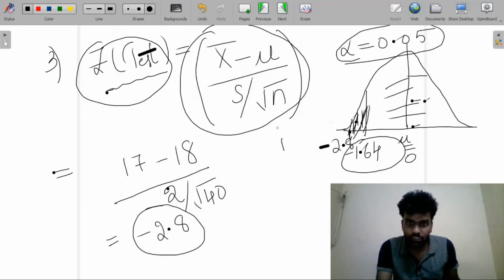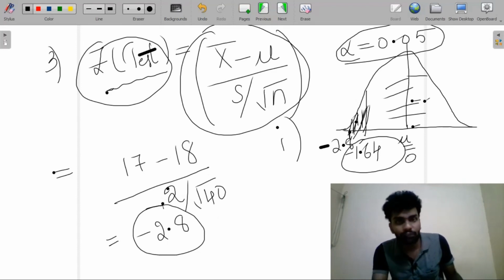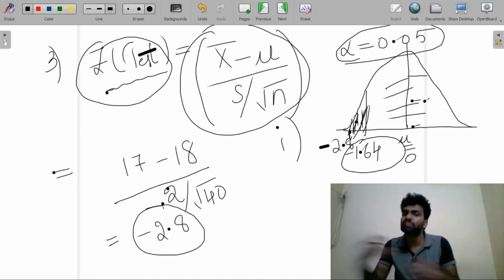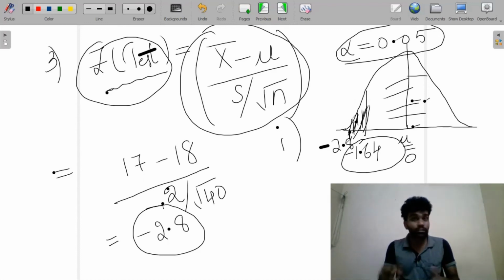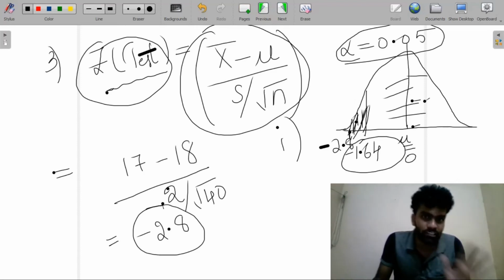The first method is to find the Z value of alpha, and if the value we got in the test is in the rejection region, we reject the null hypothesis. Or, for minus 2.8, you can find the p value using the Z table, and if that p value is less than alpha, we reject the null hypothesis. So these are the two ways we have to perform this hypothesis testing.